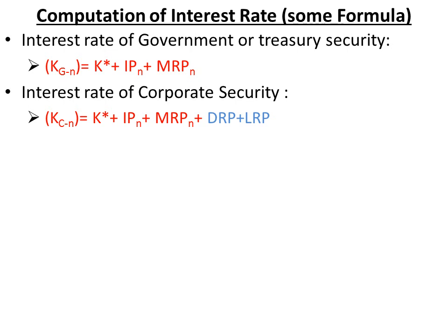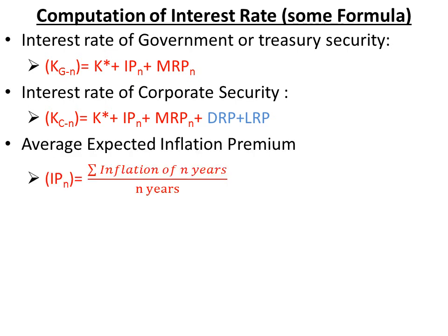And what is the value of IPN? IPN means the average expected inflation premium. IPN is equal to the summation of inflation of N years divided by N years.